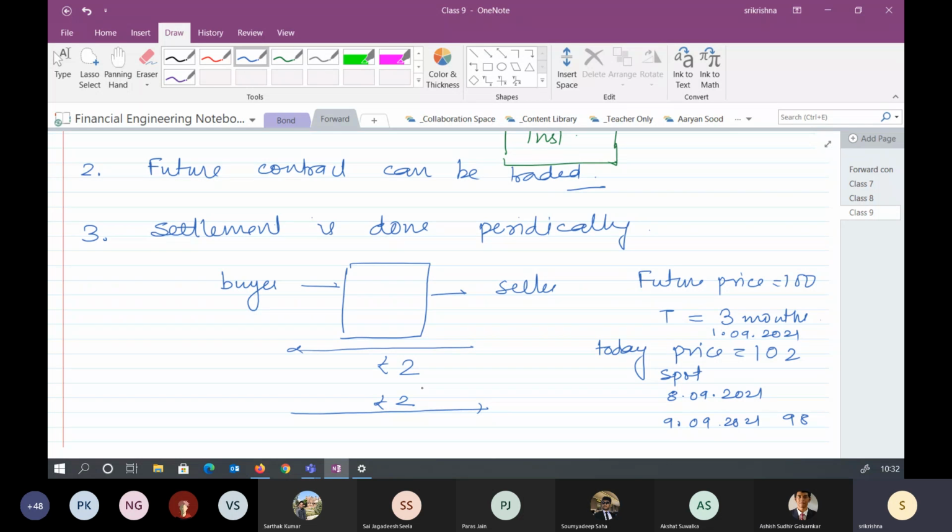Buyer, if now the buyer has to pay 2 rupees to compensate this, does that mean the future price of 100 resets at 100 every morning? Your voice is breaking. Who is this, please?